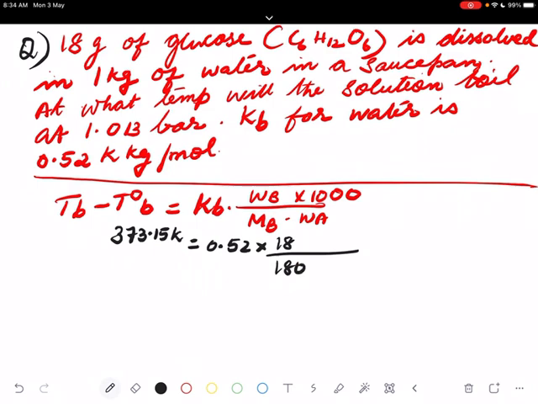Easy calculation, only easy numbers will be given to you. Dissolved in 1 kg of water, it is already given in kg.